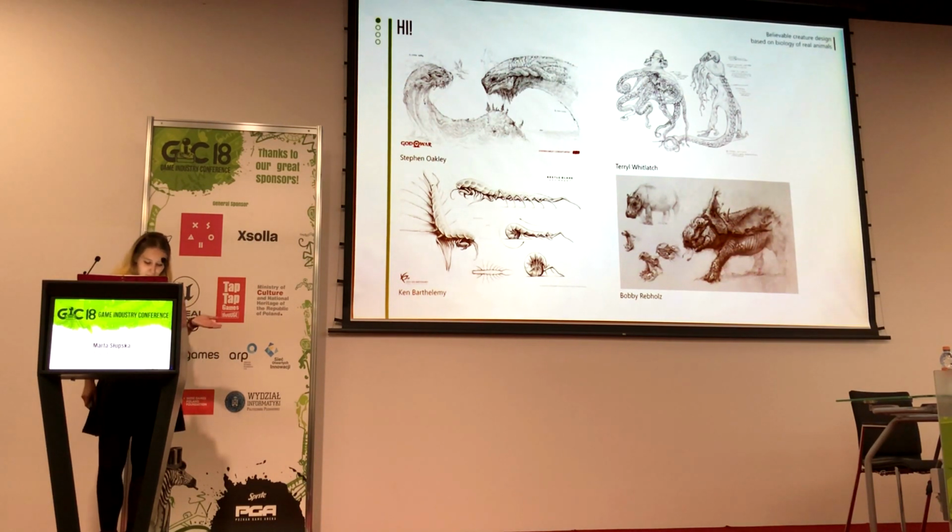And there is Ken Barthelmey, who works on movies, and Bobby Reynolds, who is also a very well-known concept artist. They are all drawing with pencils, and I decided I would do the same. I will show you the effect of this work in the 4th part of the presentation.